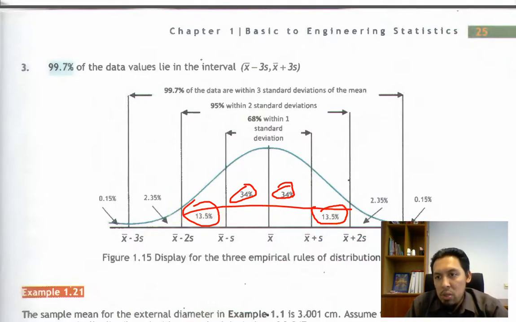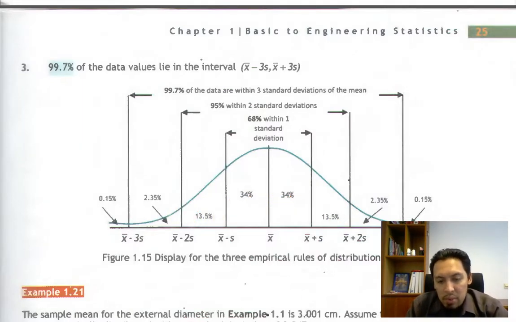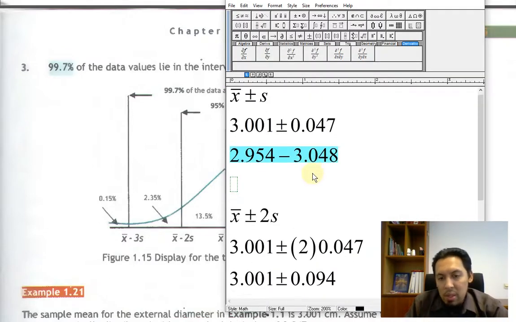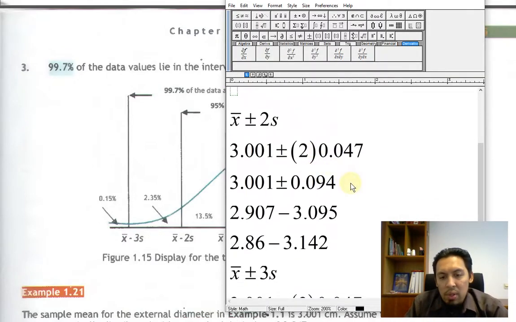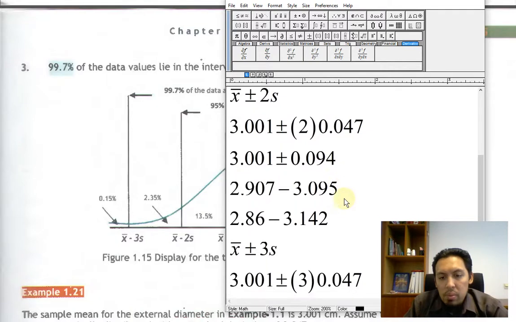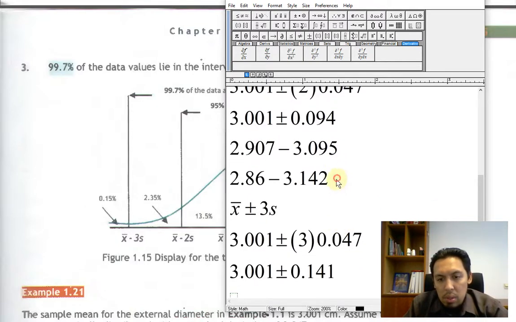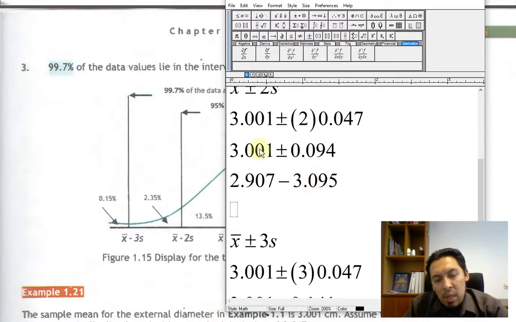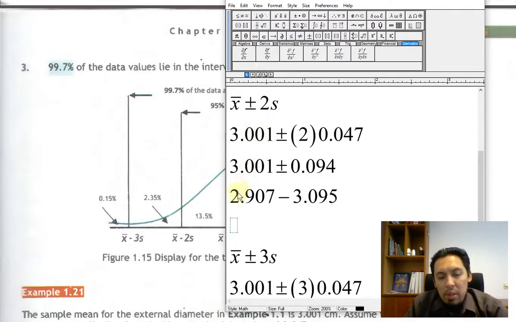So let's go back to our previous example. If we talked about the range for two standard deviation, this is the range for the previous example.